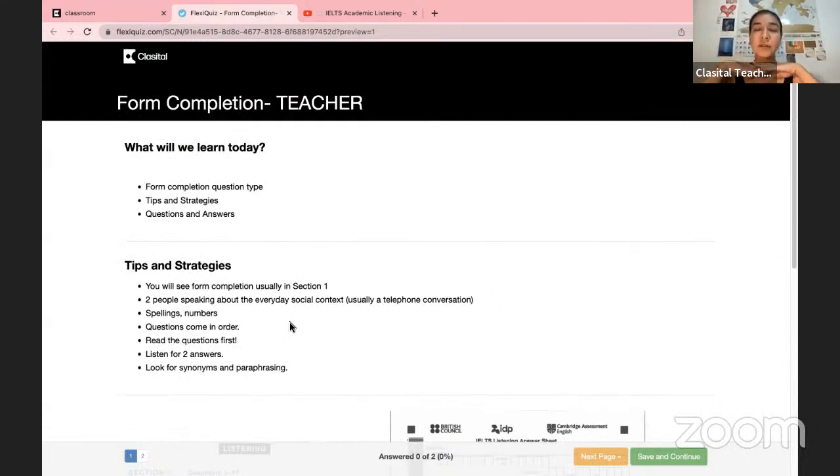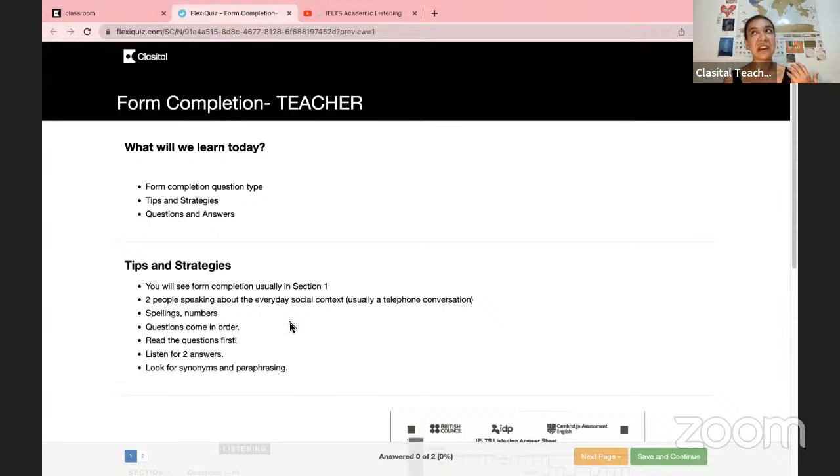Let's remember first, in the IELTS listening, we have 4 sections and they are getting more difficult as you proceed. So the first one is the easiest one, and section 4 is the most difficult one. Usually, you will see form completion questions in section 1. And always in section 1, you will hear 2 or more people speaking about daily conversation.